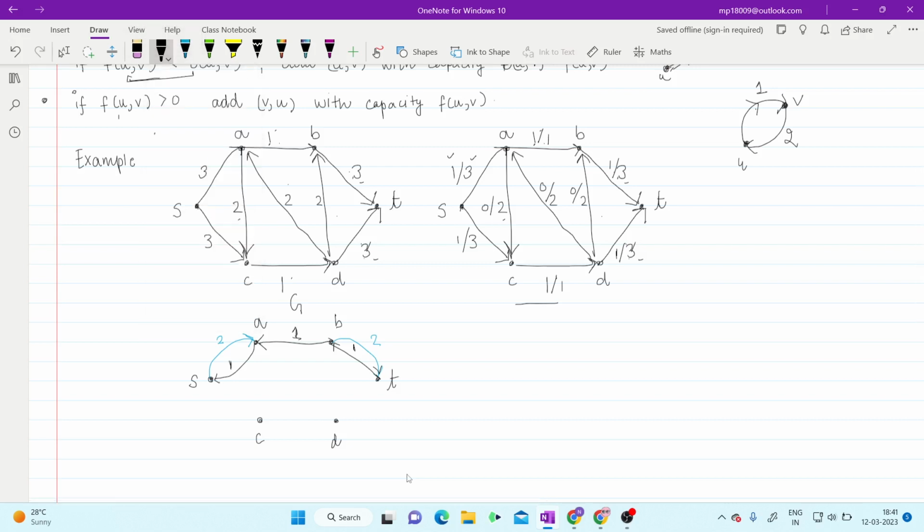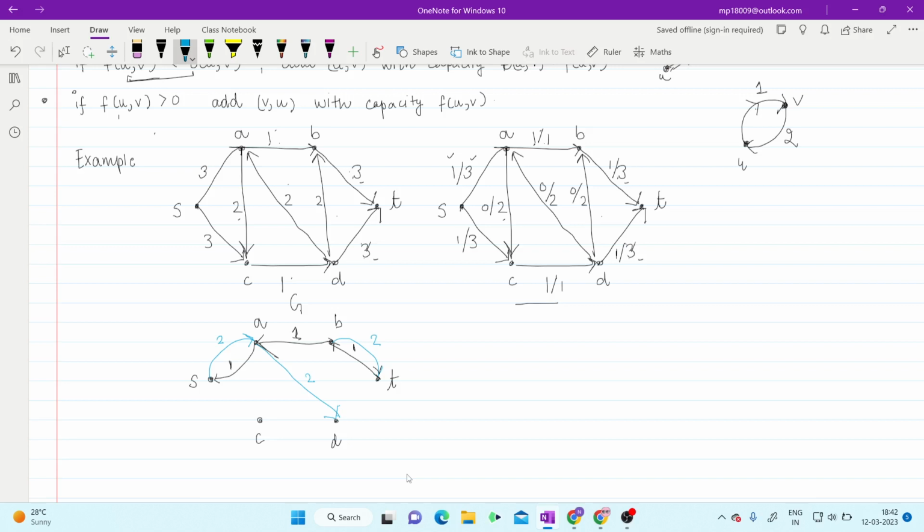So only a forward edge, yeah, only a forward edge, because the first condition is satisfied, that flow is strictly less than capacity. So we see there is a forward edge. But there is no backward edge because flow is not strictly greater than 0. The second condition is not satisfied. So the second edge won't be there.